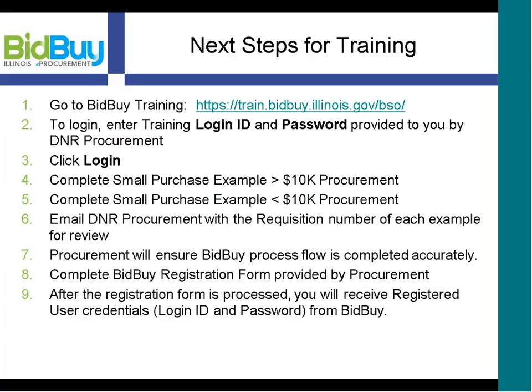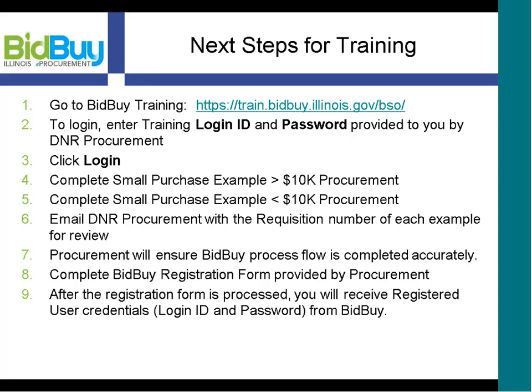So what are the next steps after you've completed this training, or after you've listened to our presentation today? You should have received a training login, an ID and password, from procurement. You will use the train environment at this website to complete your exercises, the examples that we've provided.